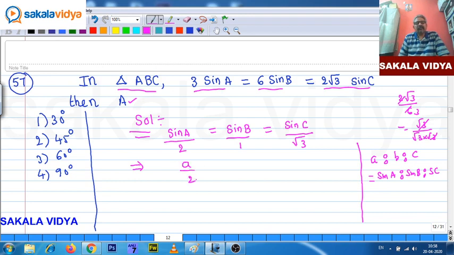So a by 2 equals b by 1 equals c by root 3. You can observe this 2, 1, root 3 may be a Pythagorean triplet.